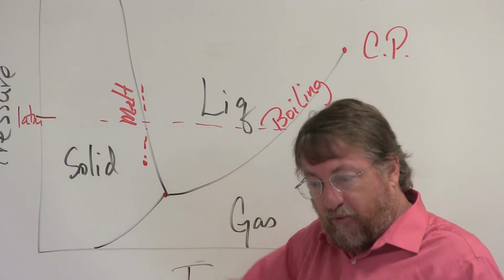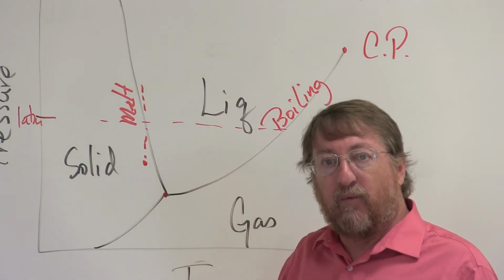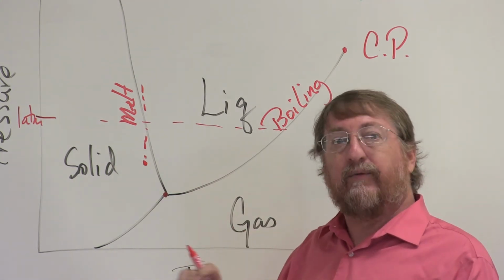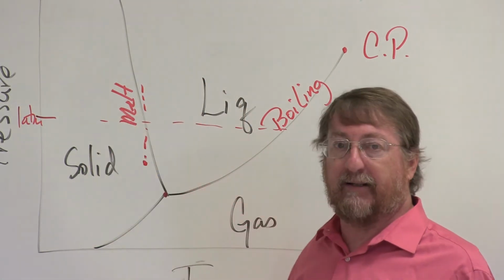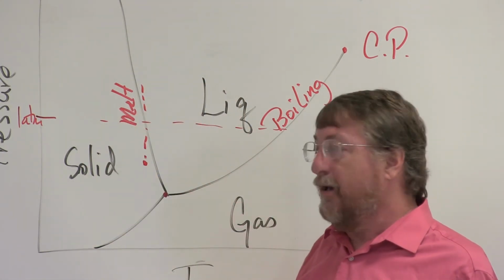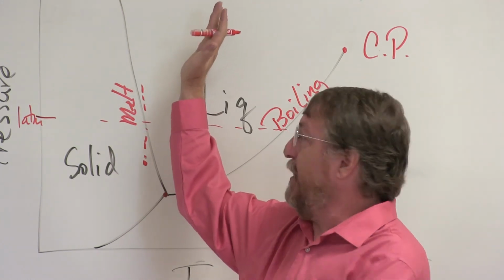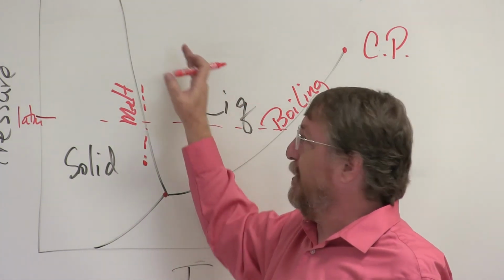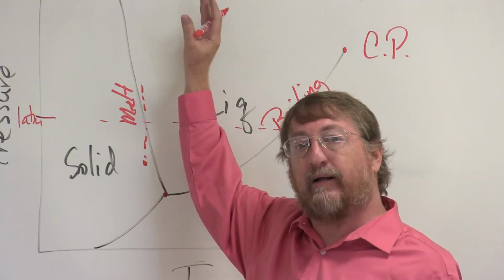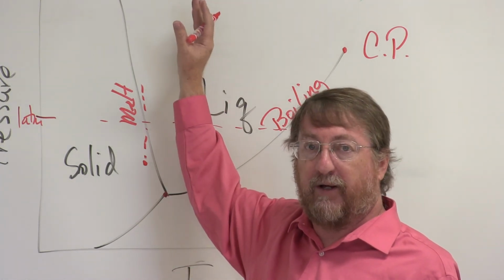That's because when we pressurize, we push the atoms together, we raise the density. The liquid phase is more dense than the solid phase in that case. If this line is tilted this direction, then when we pressurize, we move from the liquid phase to the solid phase. So the solid phase would be more dense than the liquid phase.